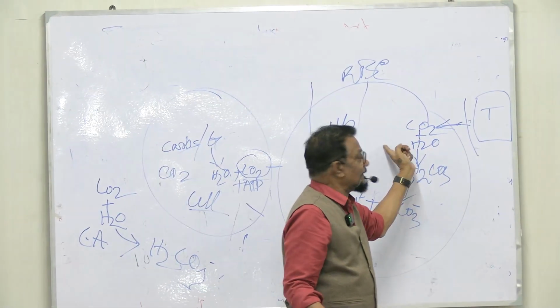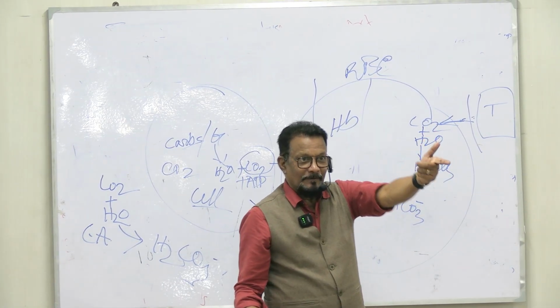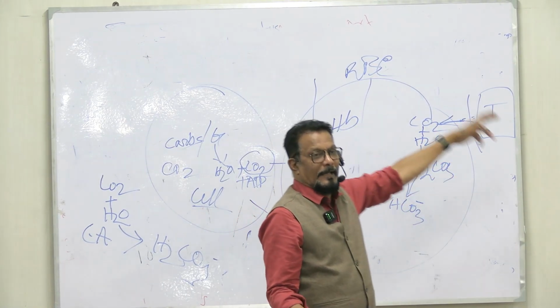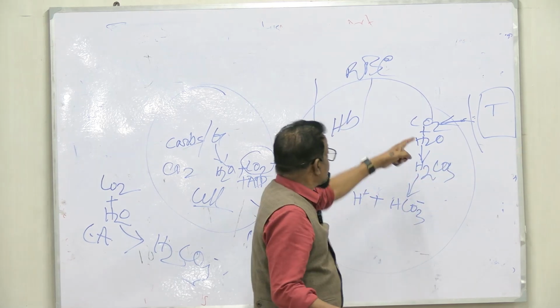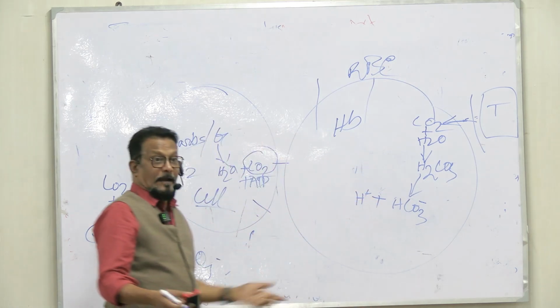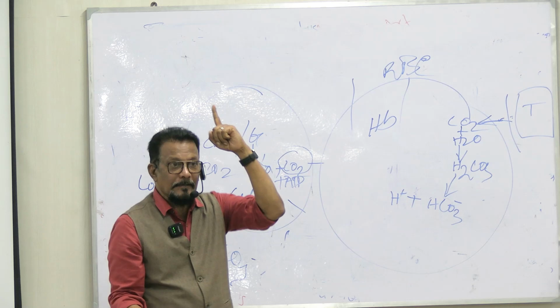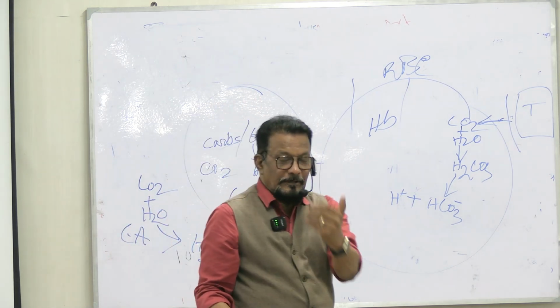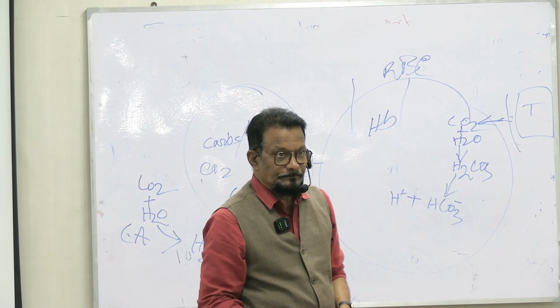Carbon dioxide will be back to alveoli. Whatever has entered, this will be going back to alveoli. So before that, it has to travel, no? This RBC has to travel from the tissue into lung alveoli. So during this time, what will happen to the RBC?